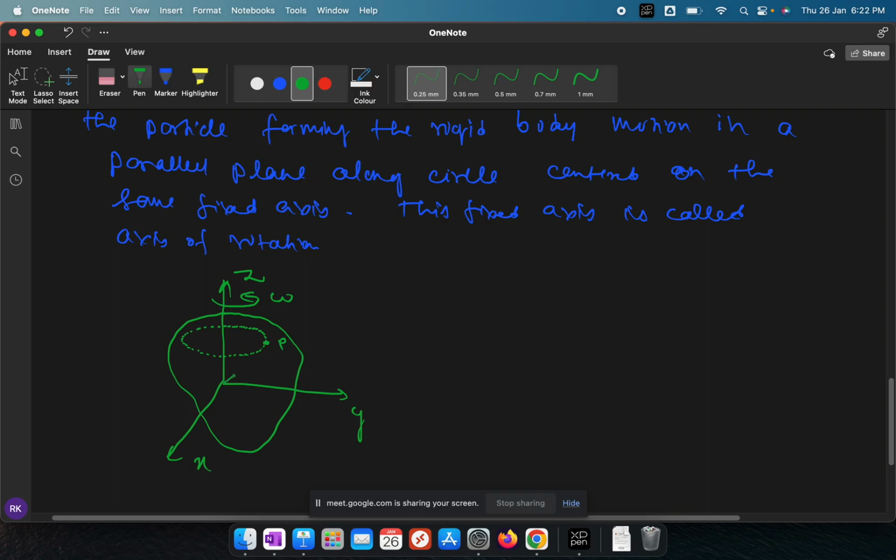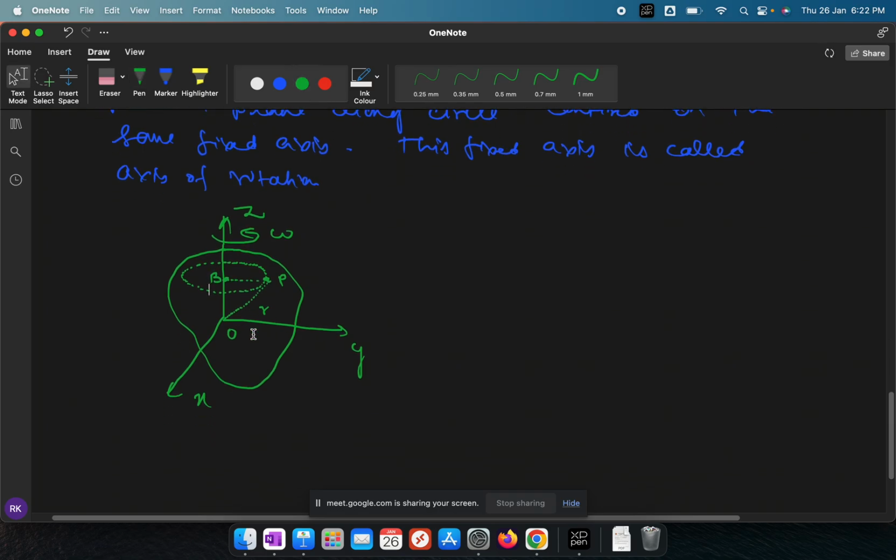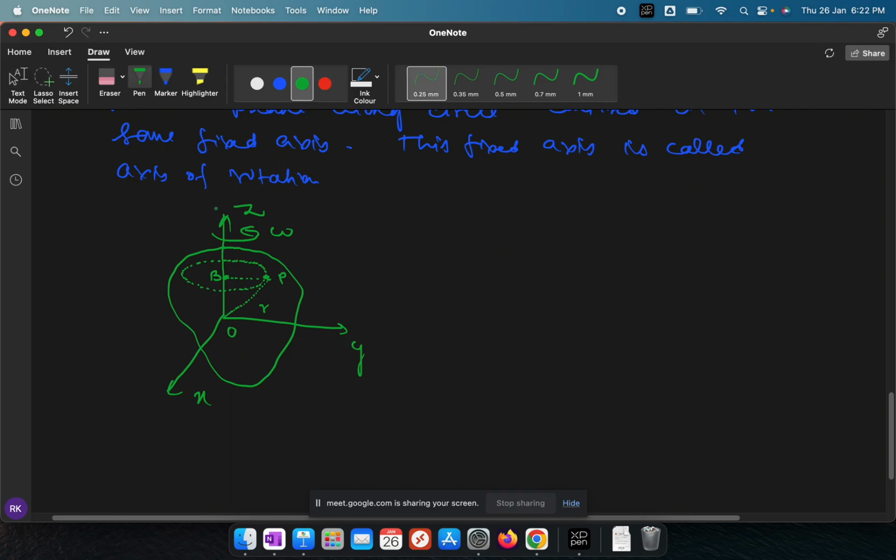Now let's talk about this point. Let's join the origin to point P; this vector is R. If I name the point where this line meets the axis as B, can I surely say that BP will always be constant? BP will remain constant because it is a radius.